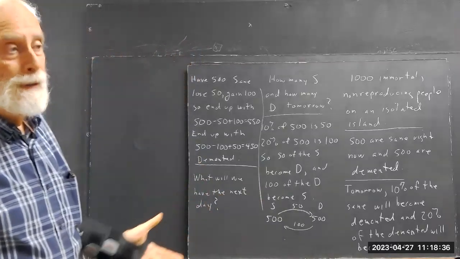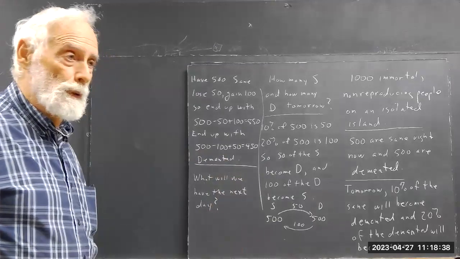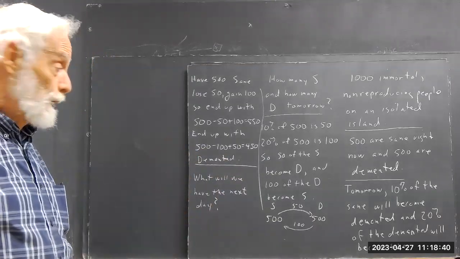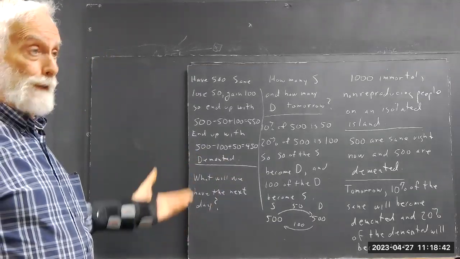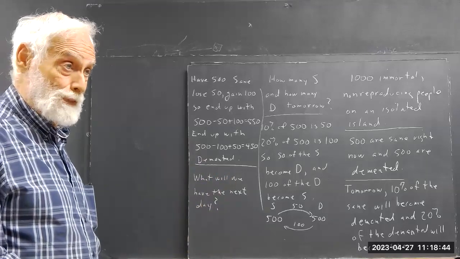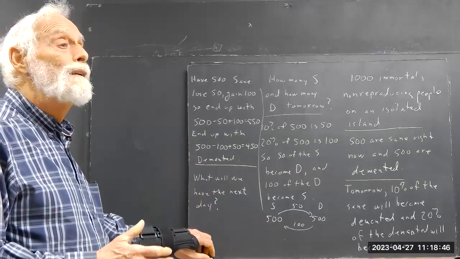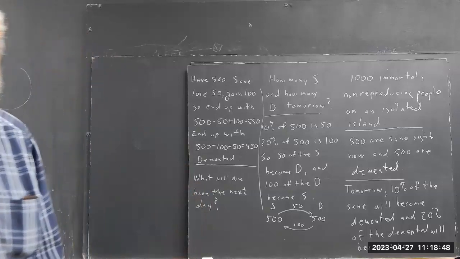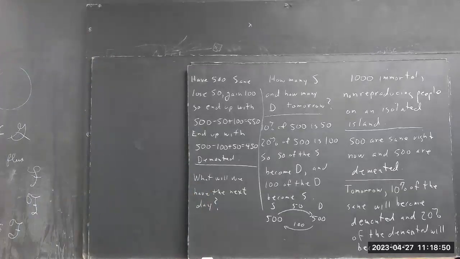What I mean is, without using up too much board space and taking up too much time writing it, how many sane and how many demented? Same question. The day after tomorrow. Now we know how much we have tomorrow. So we use those numbers to figure out how much we're going to have on the next day.